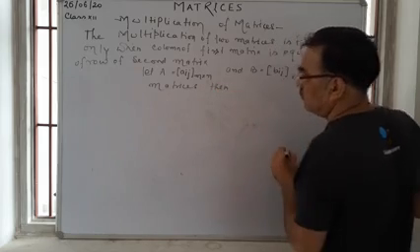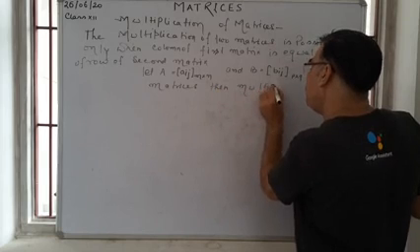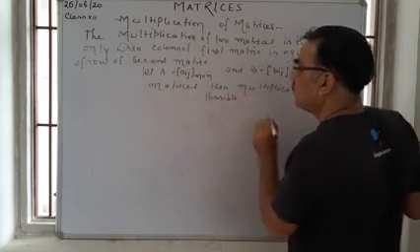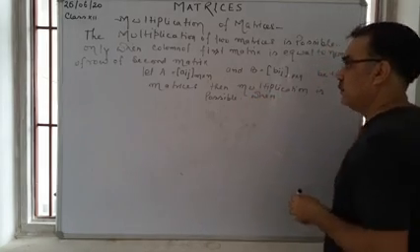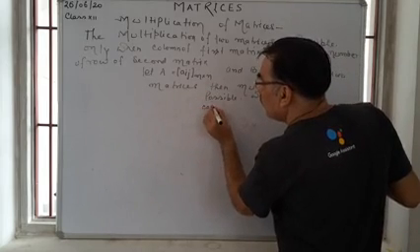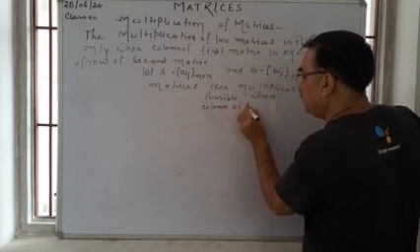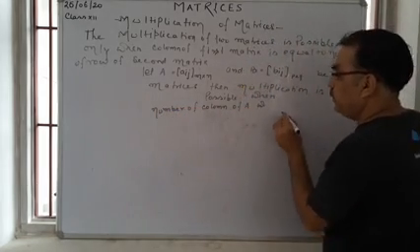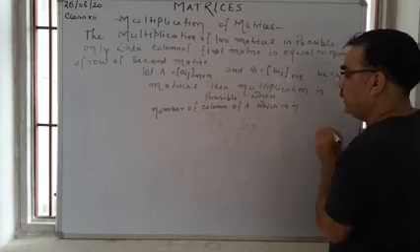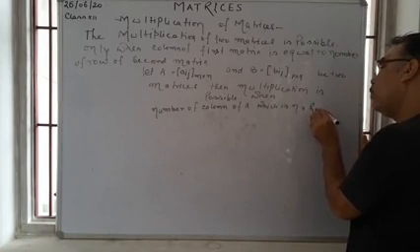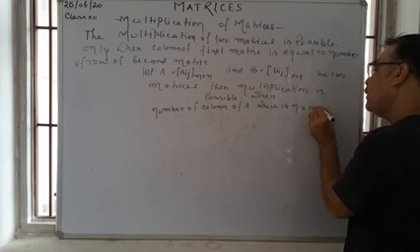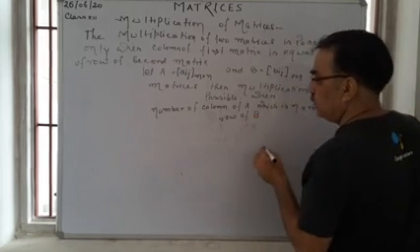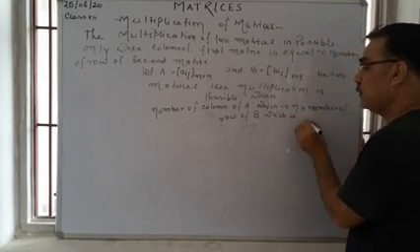Then multiplication is possible when the number of columns of A, which is n, is equal to the number of rows of B, which is P.